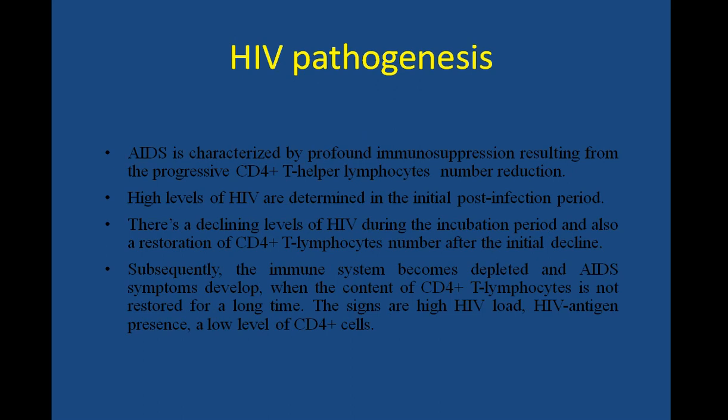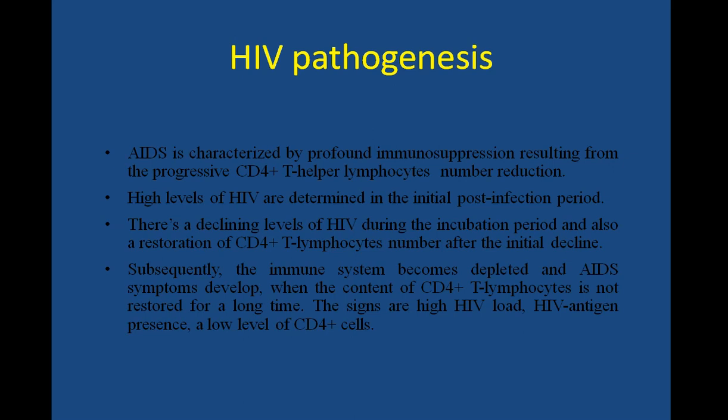Pathogenesis. AIDS is characterized by a profound immunosuppression resulting from the progressive reduction of CD4 T helper lymphocyte numbers. High levels of HIV are determined in the initial post-infection period. There are declining levels of HIV during the incubation period, and also a restoration of CD4 T lymphocyte number after the initial decline.